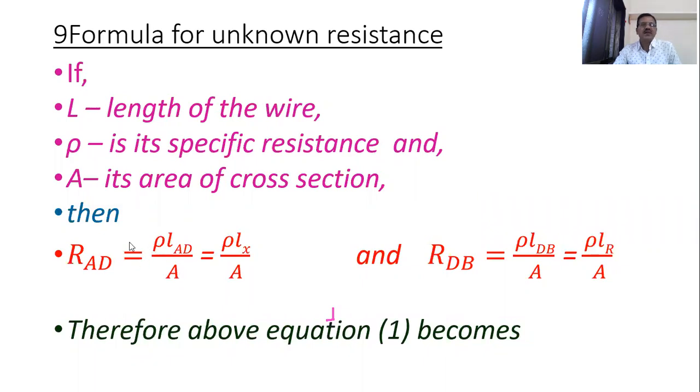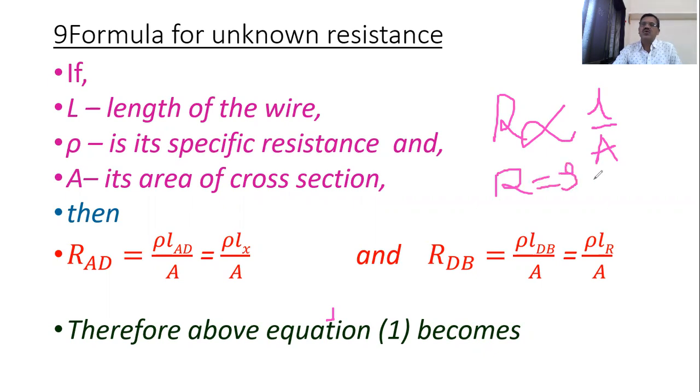We have seen that the resistance of the wire is directly proportional to length, and it is inversely proportional to area of cross section. And we can write this equation as R is equal to some constant rho into L divided by A. This constant rho is called the specific resistance.